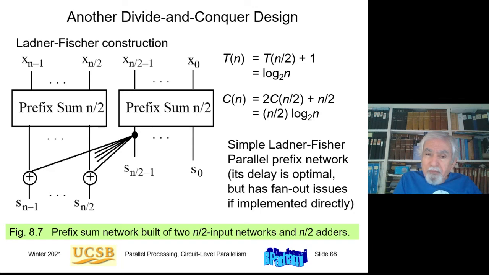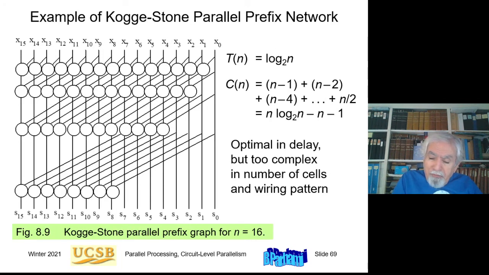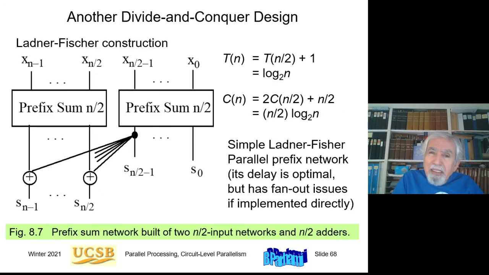Okay. Now, in order to solve this fan-out problem, there is another version of prefix network known as the Kogge-Stone network that doesn't have the fan-out problem. Oh, by the way, I forgot to mention that here the recurrence T(n) is T(n/2) plus 1. These two operate in parallel, so only one delay is included for them, and then just one extra level after that.